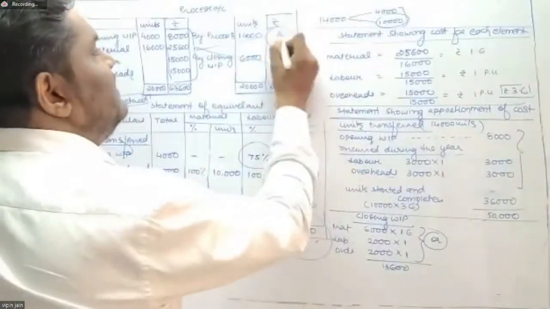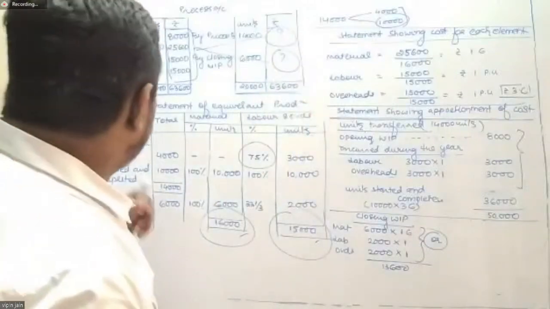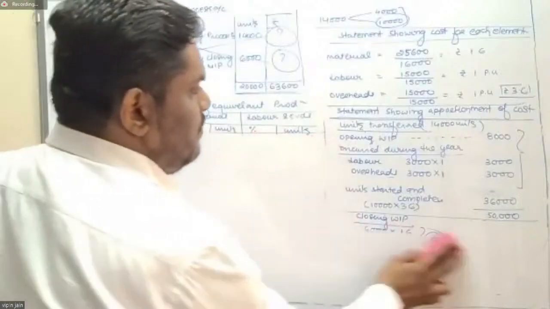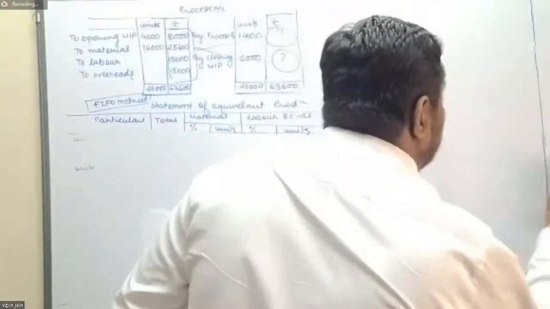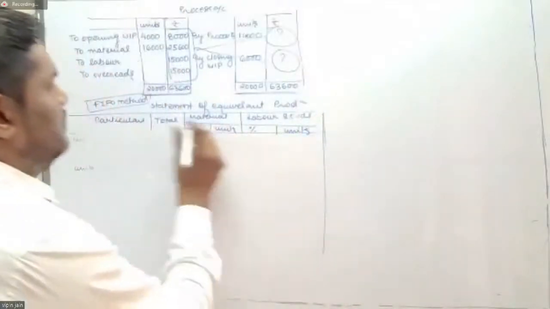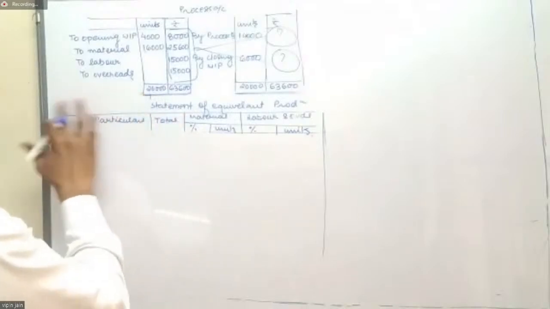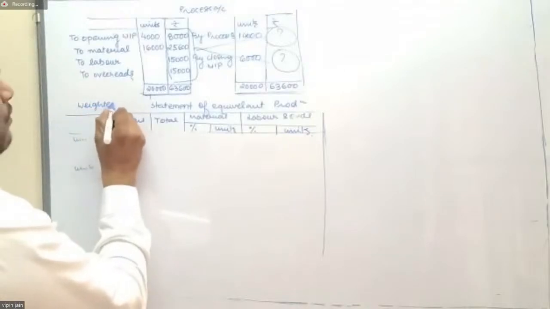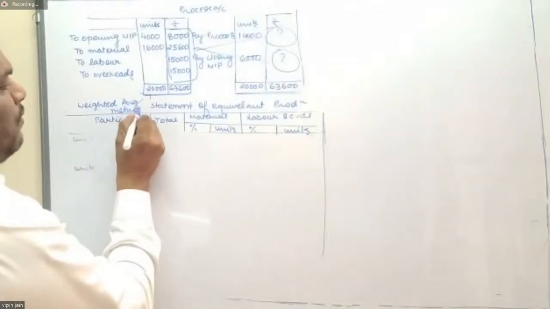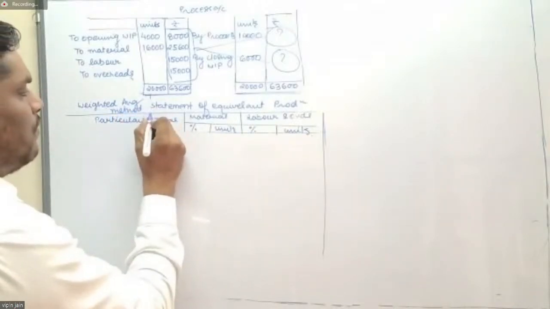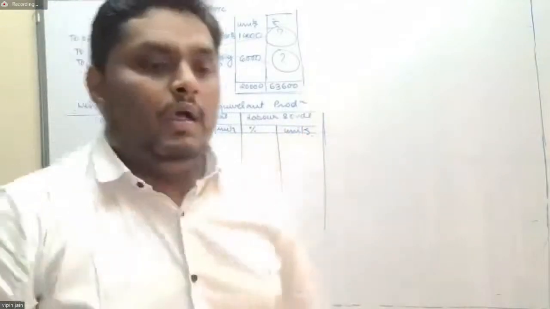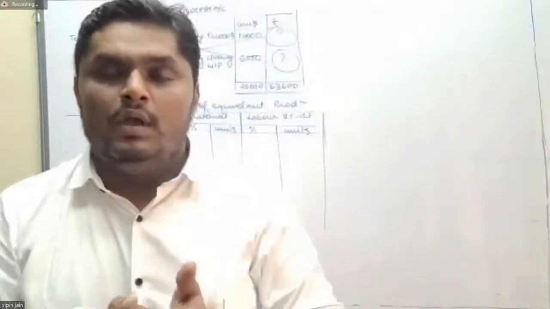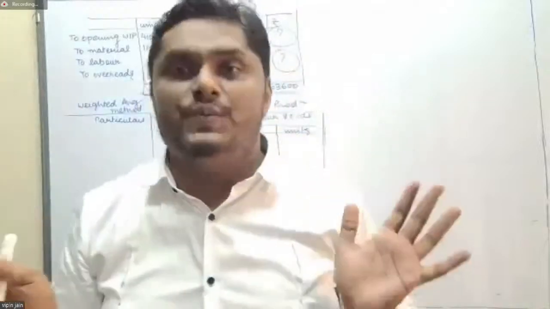Again, the objective of this weighted average method is the same, to calculate the value. Now guys, as compared to FIFO method, the weighted average method is very simple.